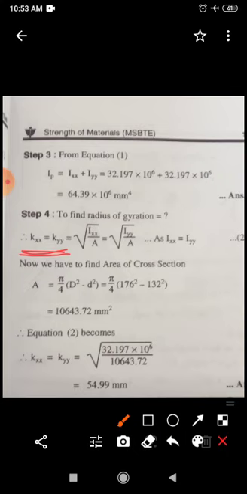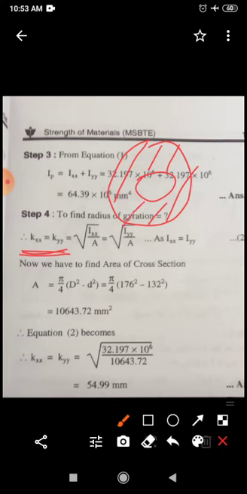Now we have to calculate the area. The area is given by pi by 4 into (D raised to 2 minus small d raised to 2). Keep this formula in mind. For calculating the area of such a shape, you just take this area which I am marking. This area is not considered in that figure, only the marked region.